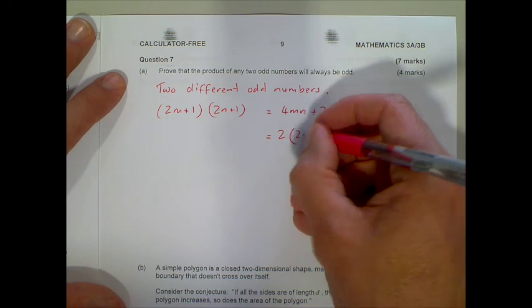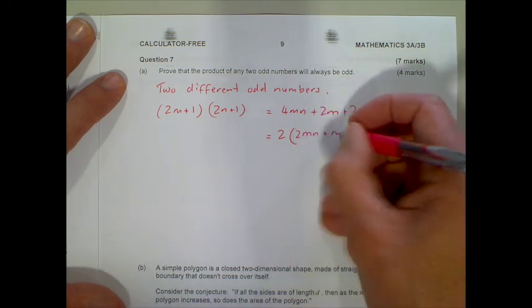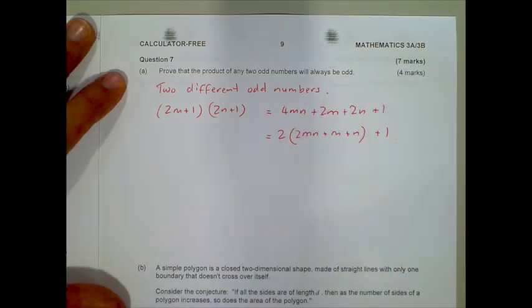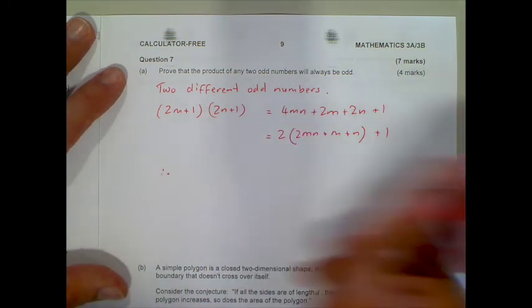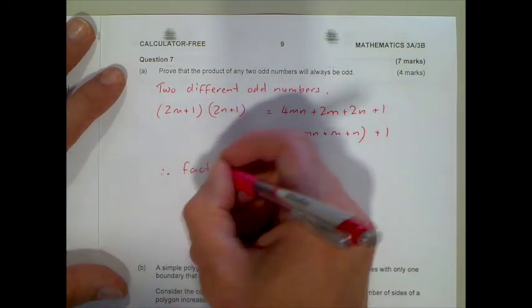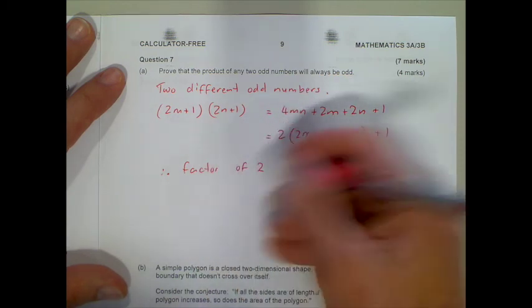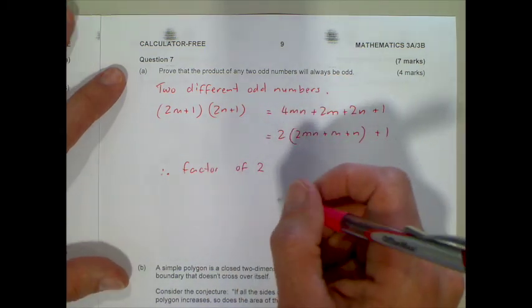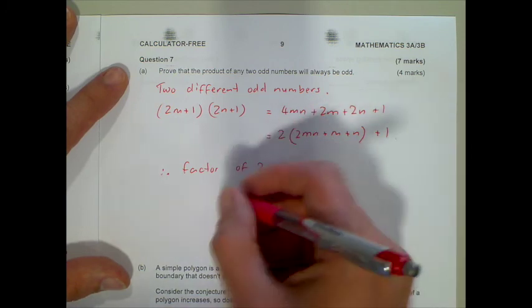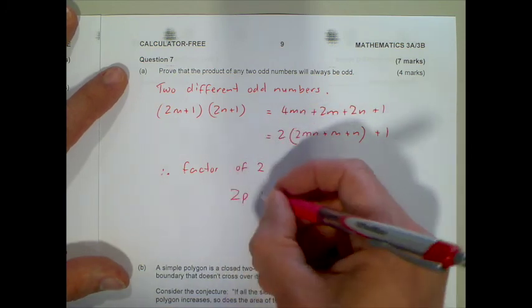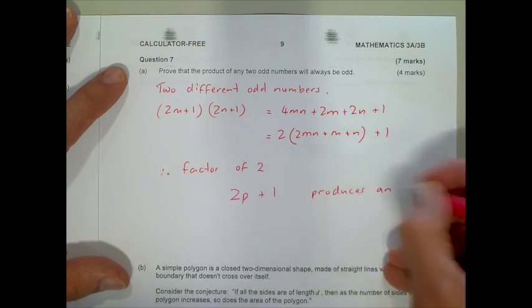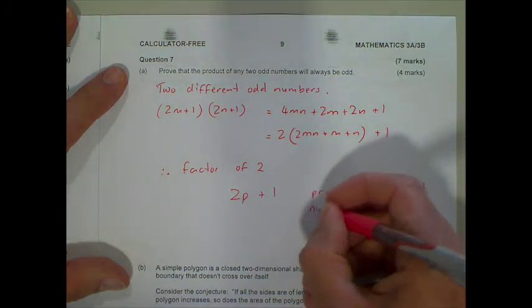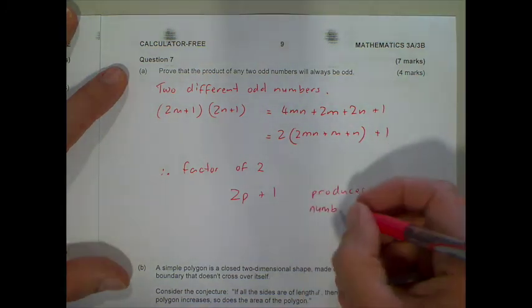Okay, in order to show that it's going to be an odd number, we've actually got to have a factor of 2 pulled out, and we've got to have a plus 1 on the end. So it's going to be in the form of 2p plus 1. Because it's in this form of 2p plus 1, 2p provides us with an even number, plus 1 will always provide us with an odd number. Therefore, it will always be an odd number.